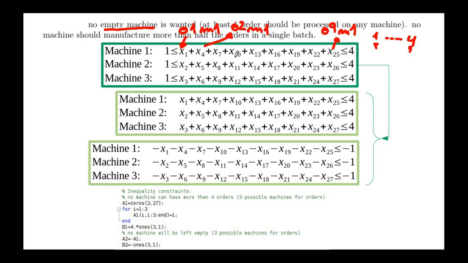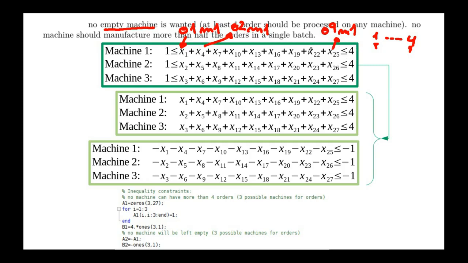So for all these elements within the optimization array, I want the addition of all of them to be greater or equal than 1, because I don't want this machine empty, and the addition of all these elements must be smaller or equal than 4.